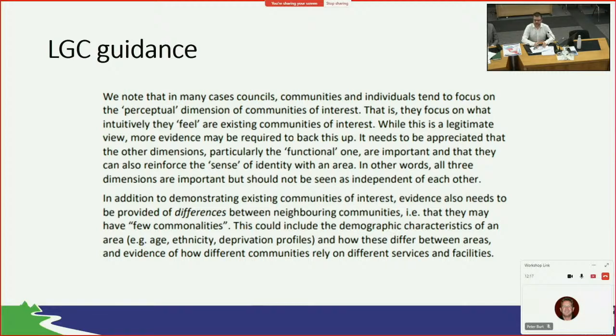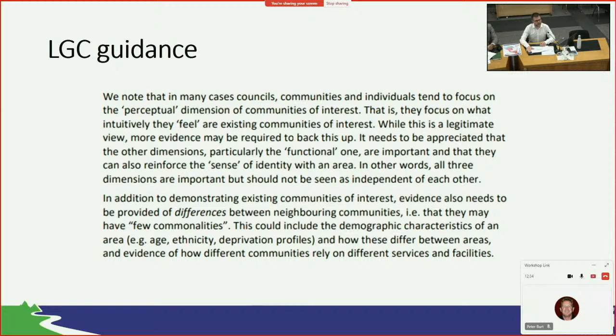So taking the step to being able to say, this is one distinct community of interest for XYZ reason, and here is another community of interest, and they are different because. That makes sense. I can discuss that further if you want, but I don't think it's necessary.